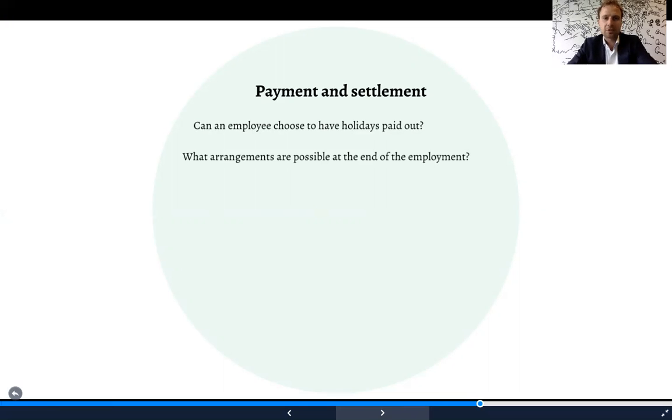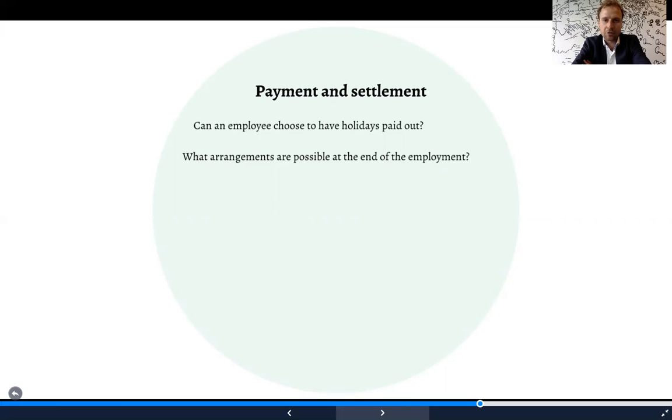What arrangements are possible at the end of the employment? Upon termination of the employment, the employee is entitled to payment of the remaining vacation day account. So that's for statutory days and also extra days. Only if the parties have reached an agreement on this can the days between the notice of termination and the actual termination of the employment contract be regarded as days off.